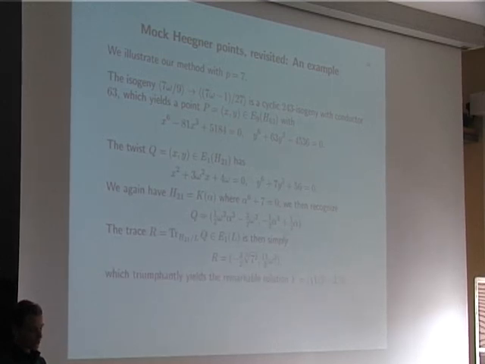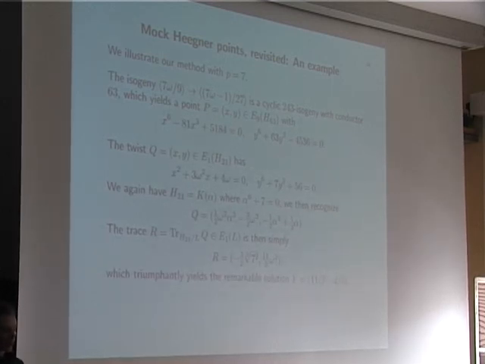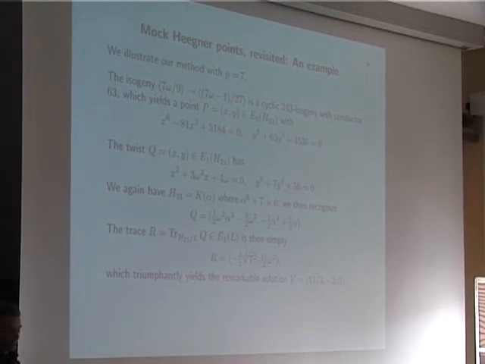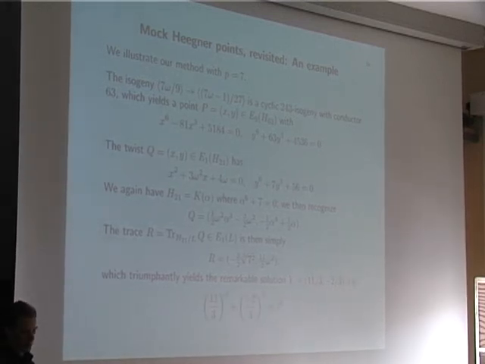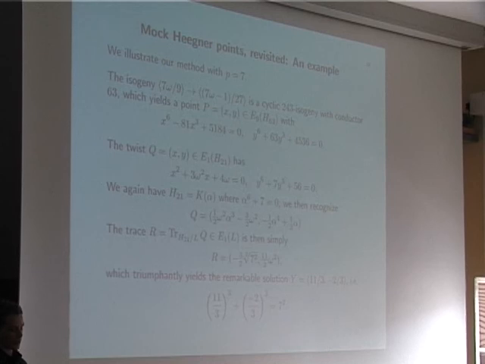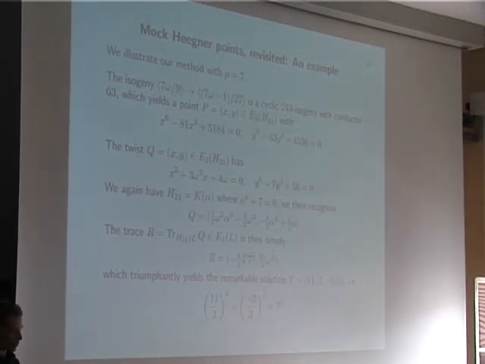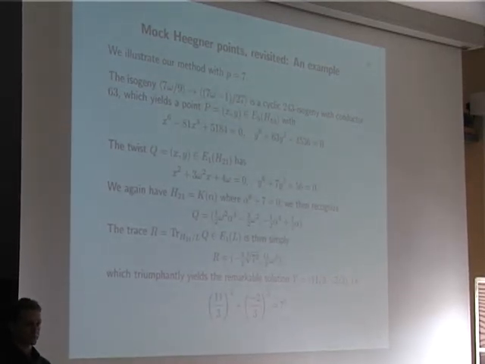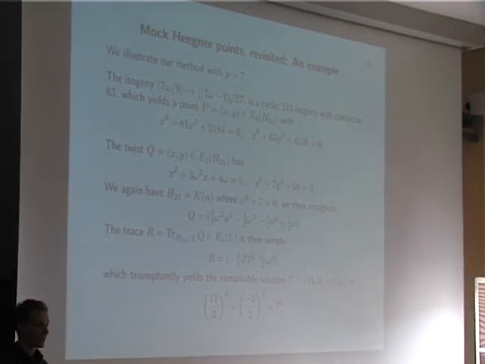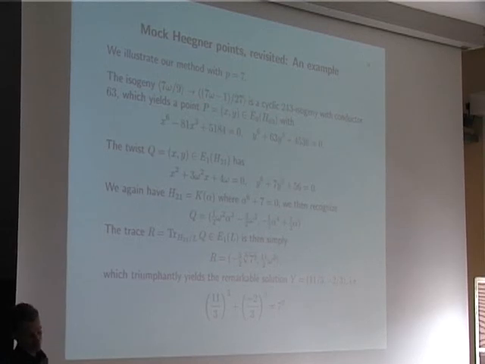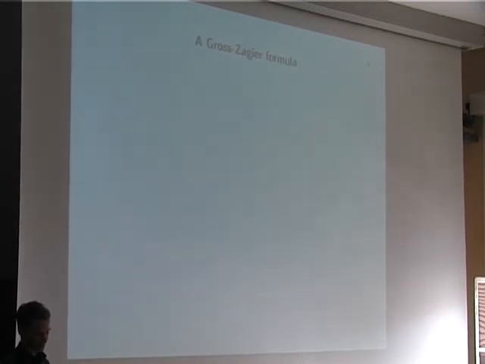And once you rewrite that in terms of the original equation, you end up with this point y. So that means at the end of the day, we end up with 11 over 3 cubed plus minus 2 over 3 cubed is 7 squared. So that's not too bad. And again, that runs really, really quick. I guess you could have found that one by searching. So maybe that's not so impressive.